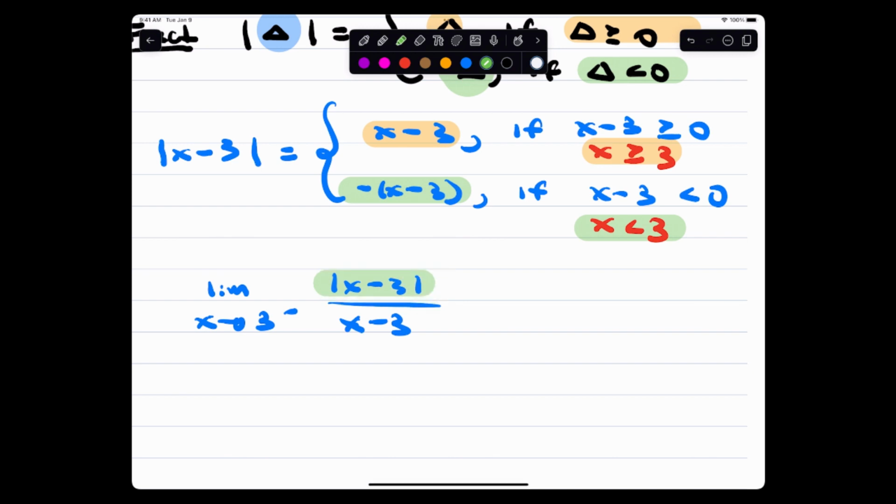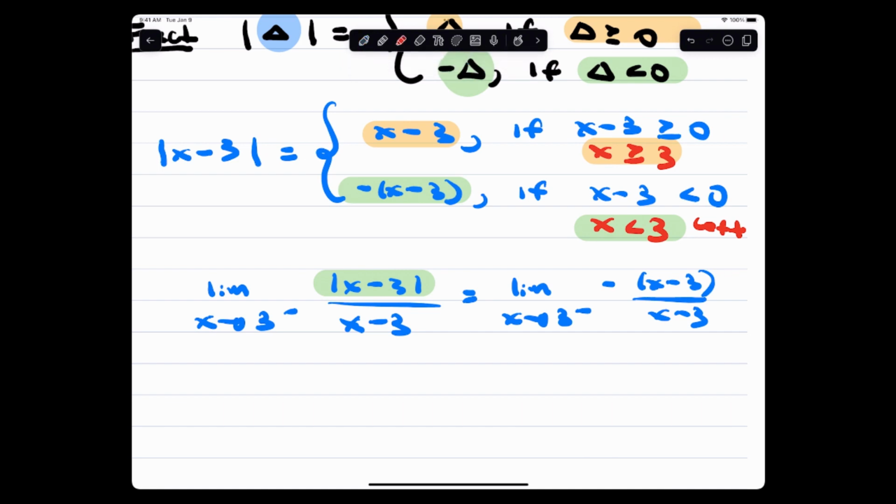Because if you're going to 3 from the left, these are the values of x that are to the left of 3. Is that right? So in green, this is the same as the limit of minus x minus 3 over x minus 3. You're going to need to use that one because those are values of x that are to the left.